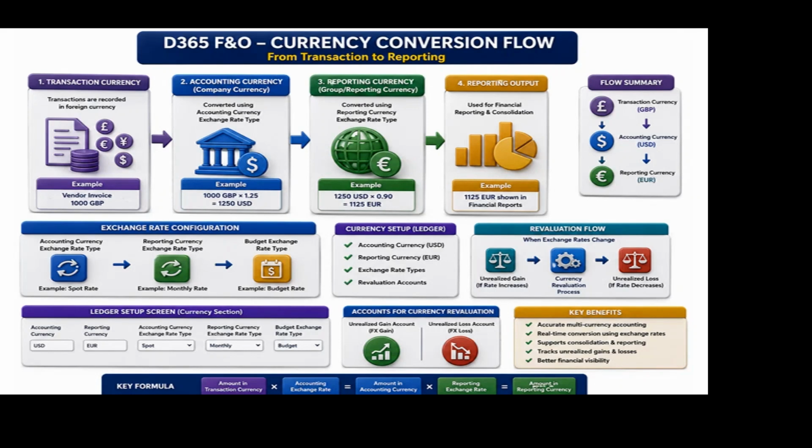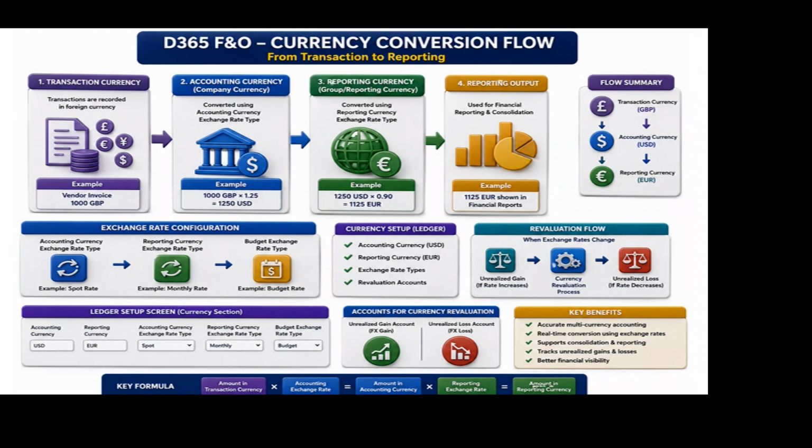It's what sits on your invoices when you raise transactions, while accounting currency is what you use to account for the financial status of our business. So if, for example, you are in the United Kingdom and that is where you do your financial reporting, that is your accounting currency.